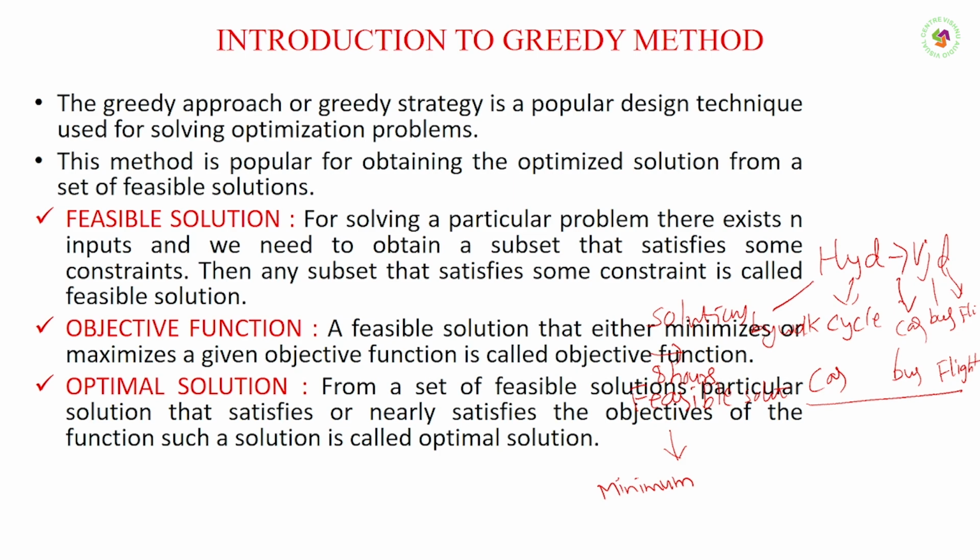Now what are the possible solutions? The only solution is bus. With minimum cost I travel from Hyderabad to Vijayawada. That is the bus. Bus is the optimal solution here.